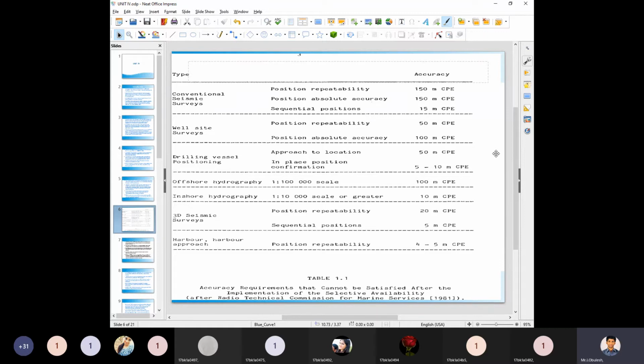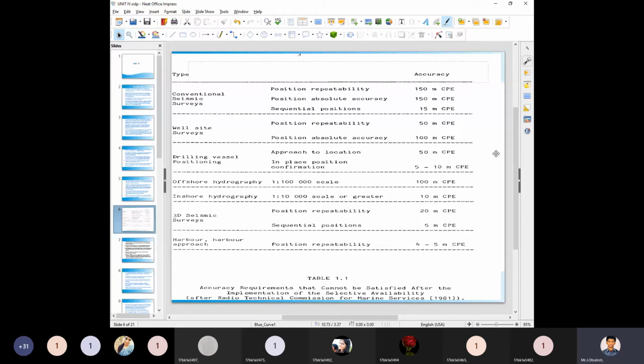Coming to harbor and harbor approaches, we need to see the position repeatability. The position repeatability accuracy is 4 to 5 meters CP.